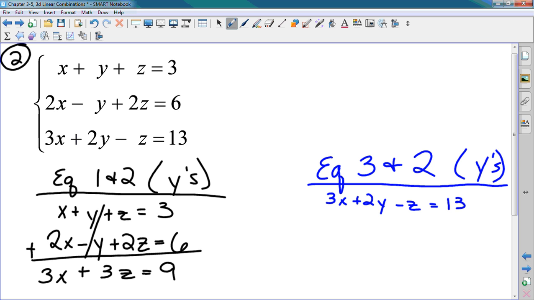And number 2 is 2x minus y plus 2z equals 6. Now, can I just eliminate y's right away? No. I have to distribute what to the second equation? The 2. Because I want to make my y's 2 and negative 2.